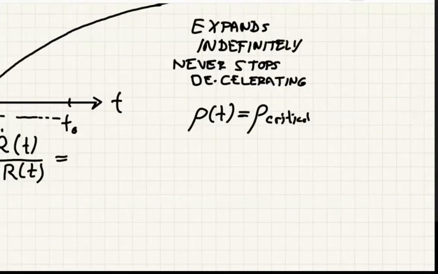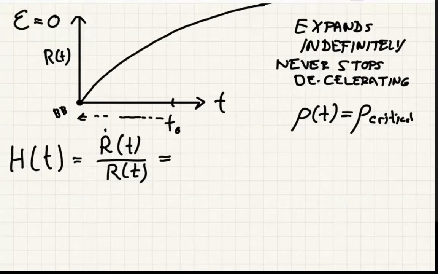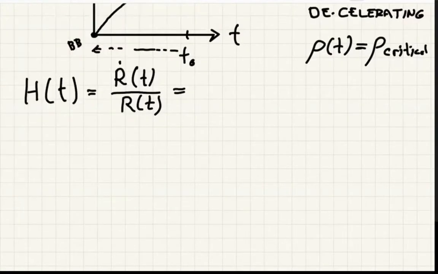Here is the formula for a critical zero energy universe. I'm going to write out the whole equation. I have r dot over r, so I've divided both sides by r, and then I've taken the square root of both sides of the energy equation. So we have my usual 8 pi G rho, which is all matter that has mass, including dark matter.